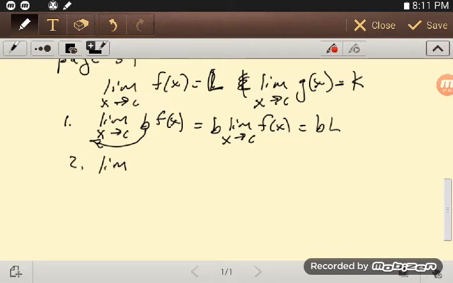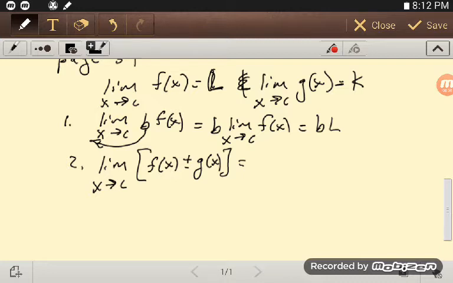Now, if we want the limit as x goes to c of f of x, either plus or minus g of x, doesn't matter which one, then we can separate this at the plus. So in other words, it's like the distributive property. I can distribute this limit over the sum or difference.